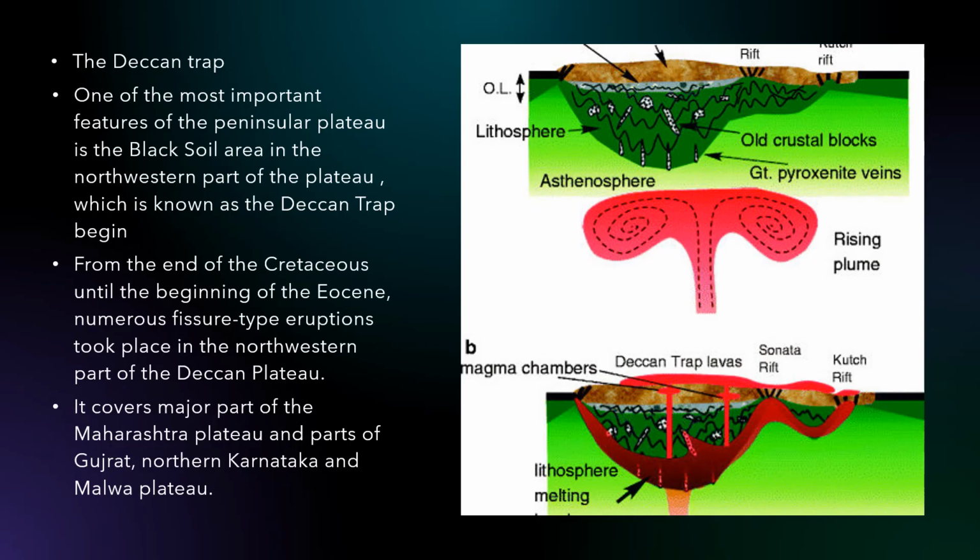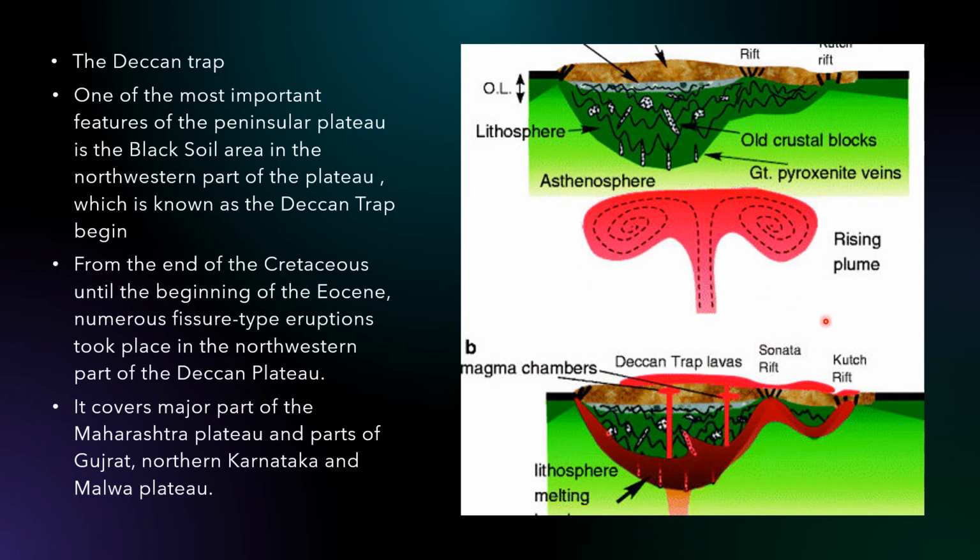Now, these soils have been formed due to the weathering of the lava spread over large areas during the volcanic activity in the Deccan Plateau. So here we can see the black soil or the Deccan Trap.